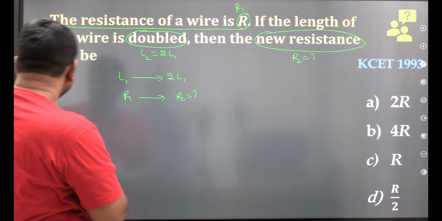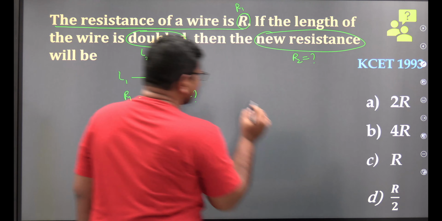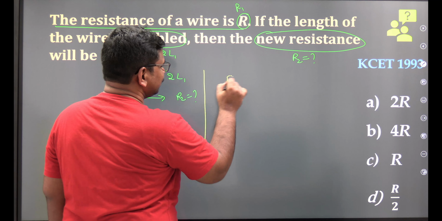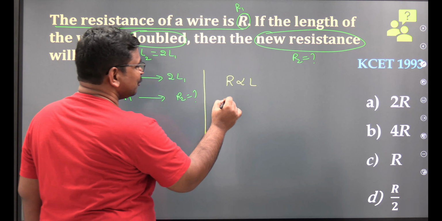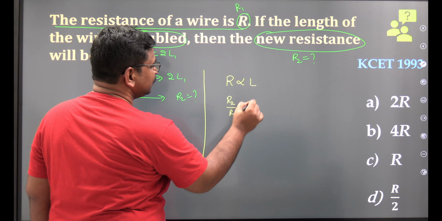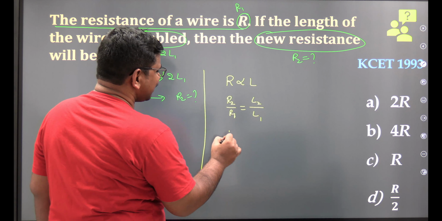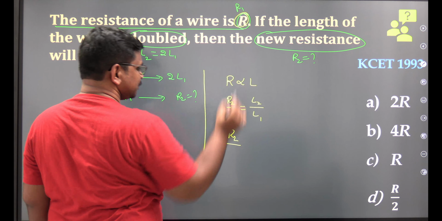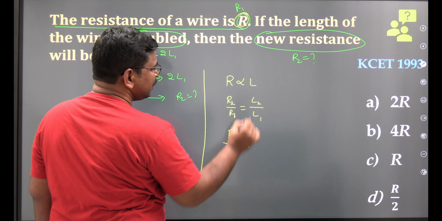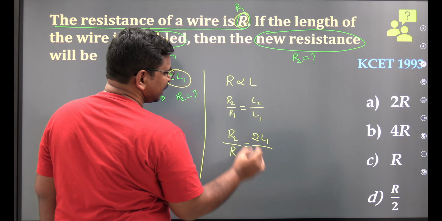The simple strategy here is, we know that R is directly proportional to L, and we can write R2 by R1 is equal to L2 by L1. Substitute that only. R1 is R, and L2 is 2L1, so 2 times L1 divided by L1.